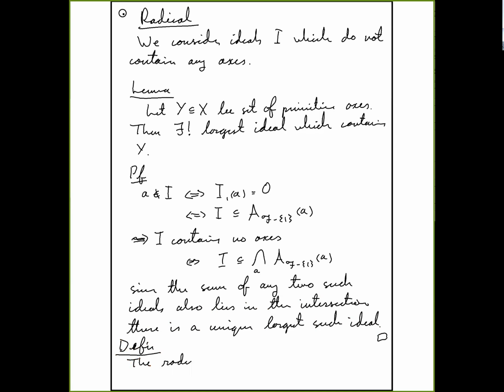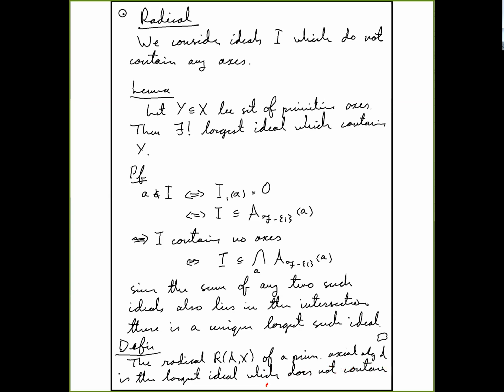The radical R_A(X) of a primitive axial algebra A is the largest ideal which does not contain, running out of room, any axes from X. So this lemma makes this definition well defined.